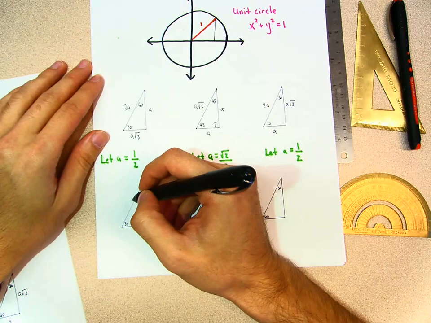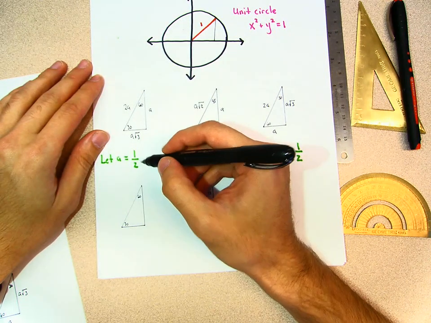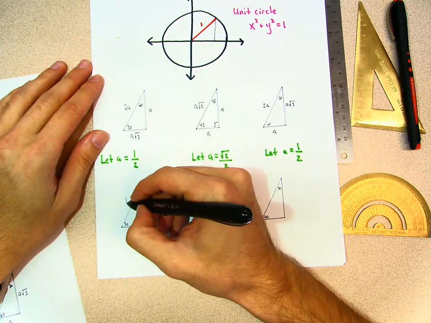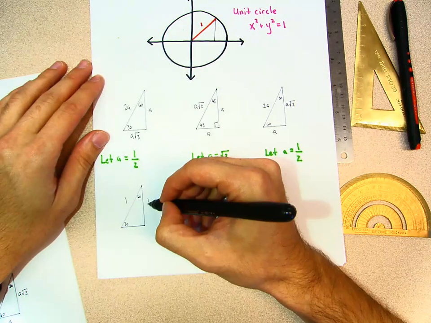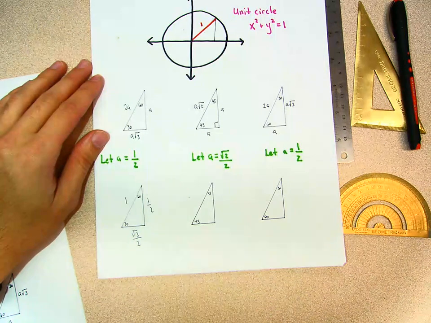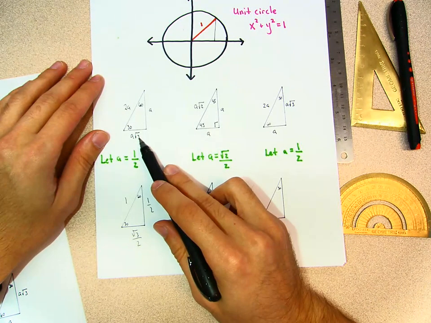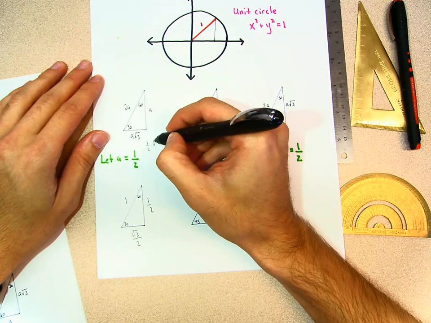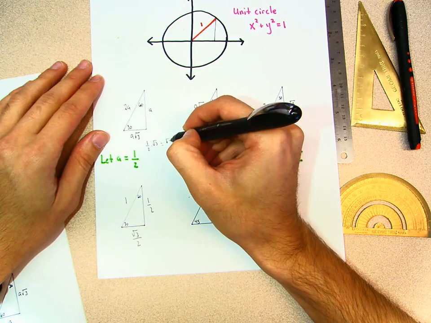So this would be, let a equal a half. So then what's 2 times a half? It's 1. Then this is 1/2. And this is square root of 3 over 2. Because you have 1/2 times square root of 3. So that's square root of 3 over 2.